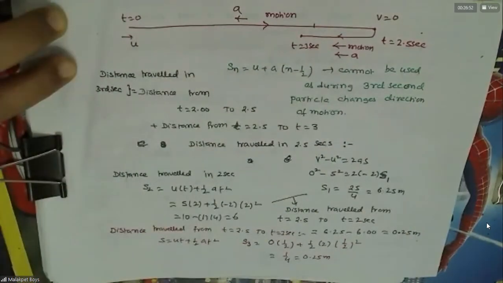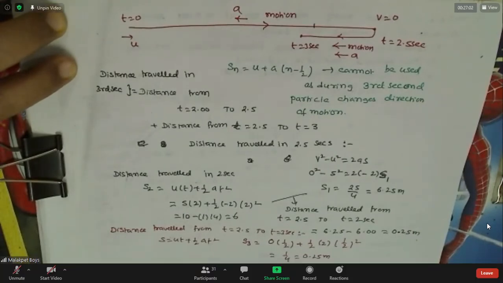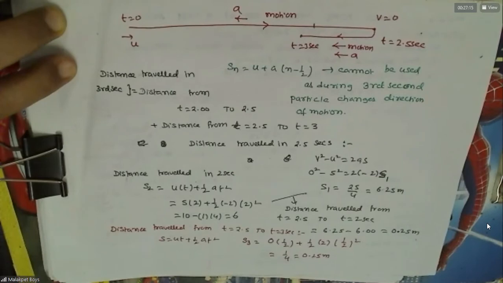Initial velocity will be the velocity at 2 seconds now. I'm getting 1 meter by that method, sir. What is the velocity you got? You take the acceleration negative. Yes, sir. I took negative velocity. I got 1.